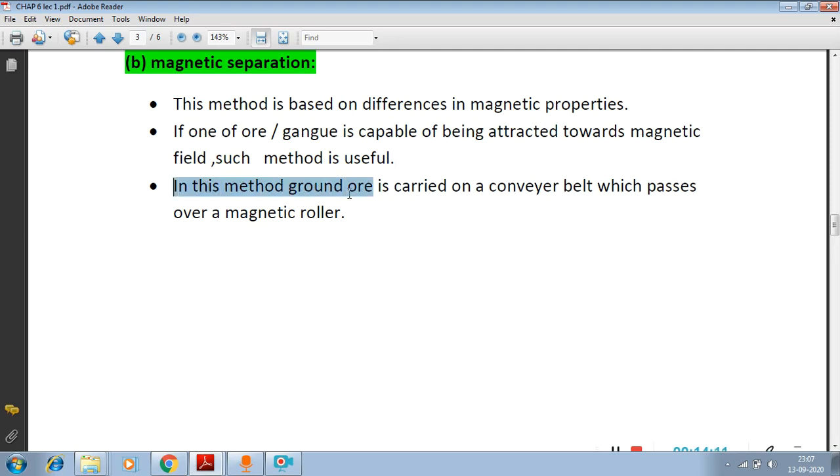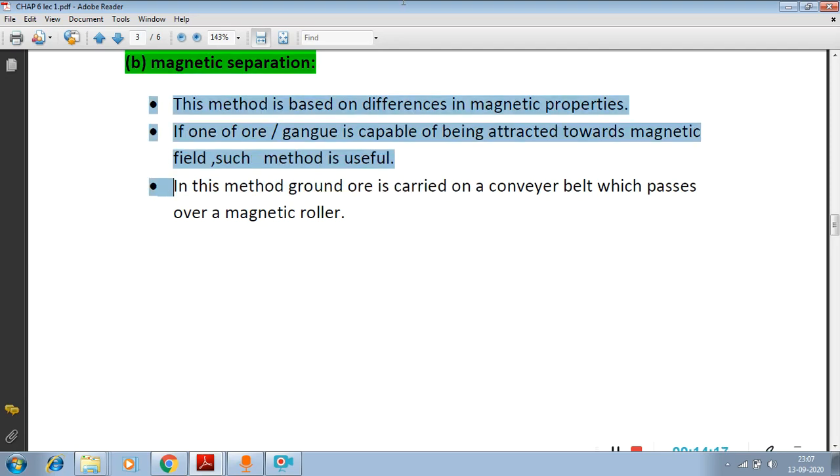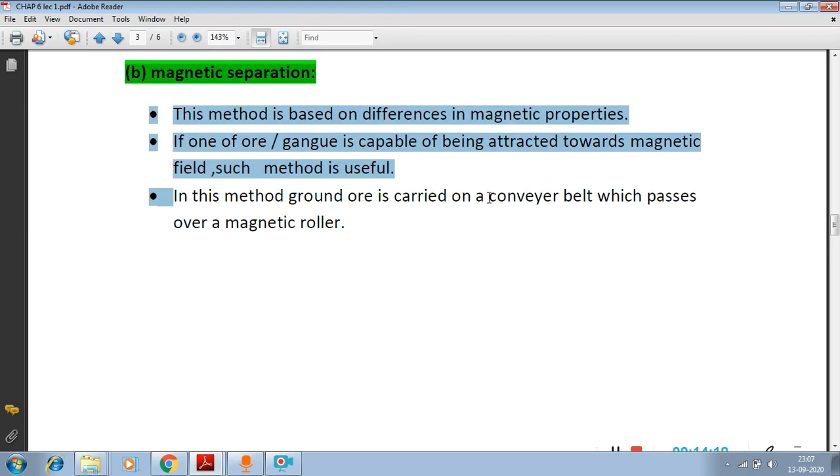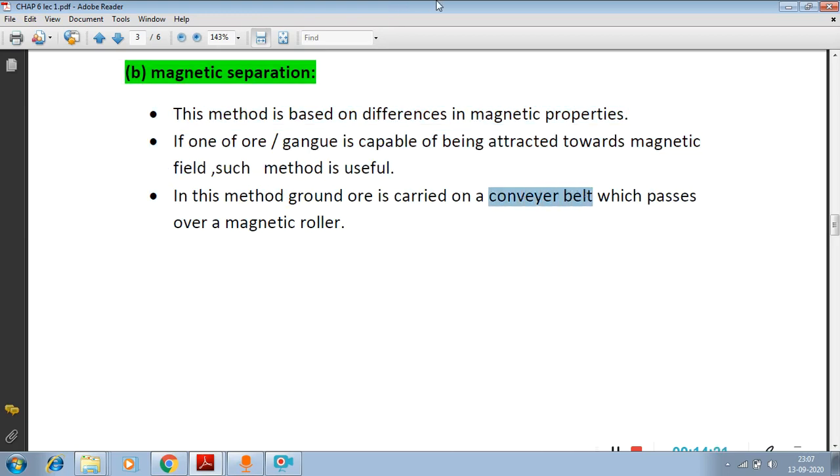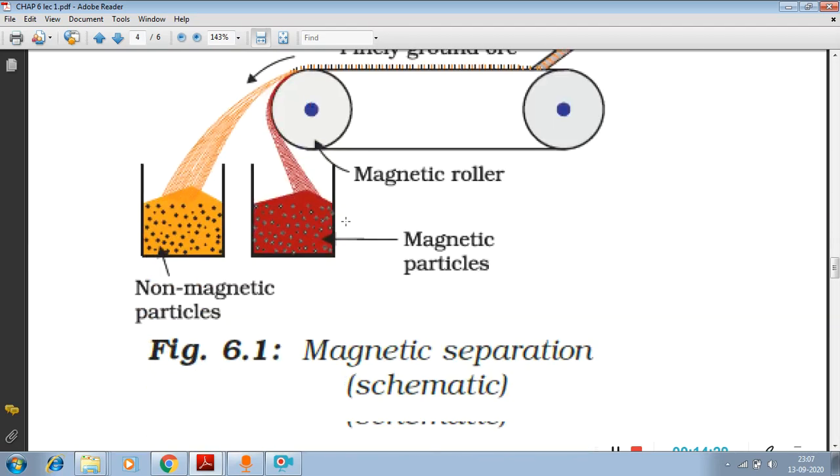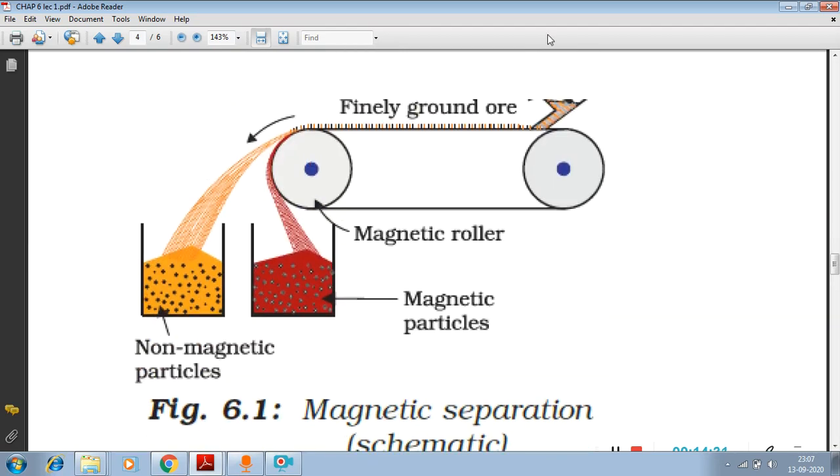In this method, a ground ore, meaning powdered ore, is carried on a conveyor belt which passes over a magnetic roller. You can see the figure here. Finely ground ore, meaning powdered ore, is there, and this is our magnetic roller.